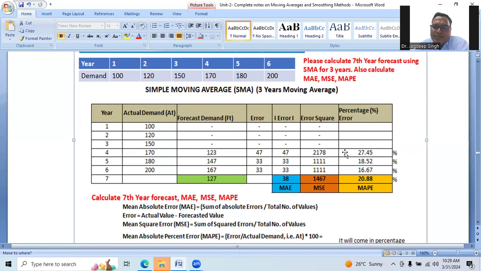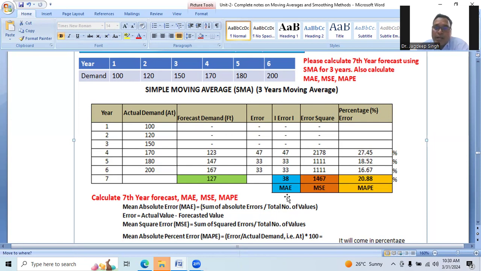Basically, this is actual demand minus forecasted demand upon actual demand, multiplied by 100. Or we can straight away take absolute error divided by actual demand multiplied by 100. Both are okay, right? Normally we have taken this error from actual demand minus forecast demand only. So we need to calculate for individual periods.